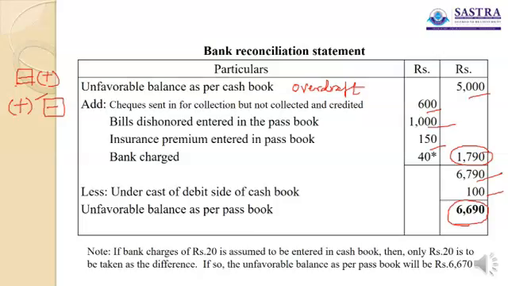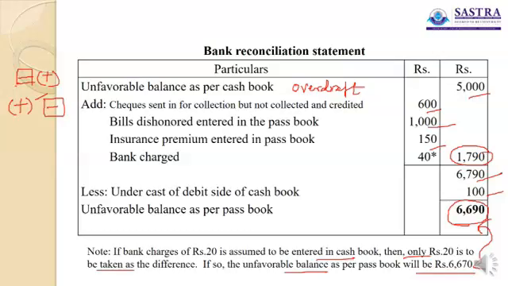But there is a note: what I have done is twice 40 rupees. But if the bank charge of 20 is assumed to be entered in the cash book, only if it is assumed as 20, then only 20 rupees is to be taken as the difference, so that the unfavorable balance as per passbook will be only 6,670 instead of 6,690. So understand this, I have taken it as twice.